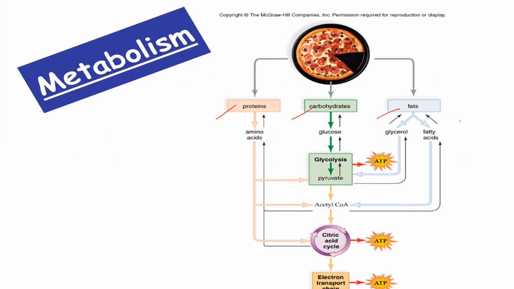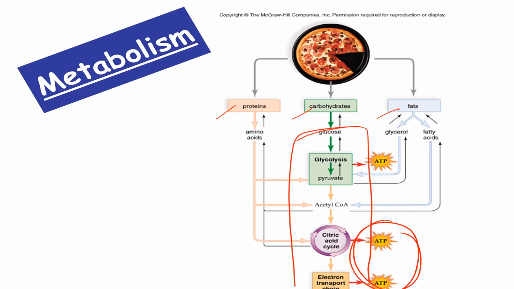They get broken down and ultimately are going to enter into cell respiration at some point to get your ATP. Overall, our carbs, proteins, and fats are going to enter that process through one point or another to ultimately get the ATP that we are going to need.